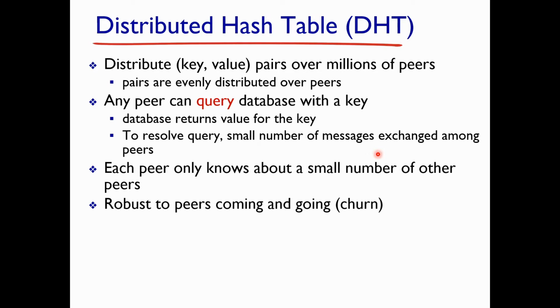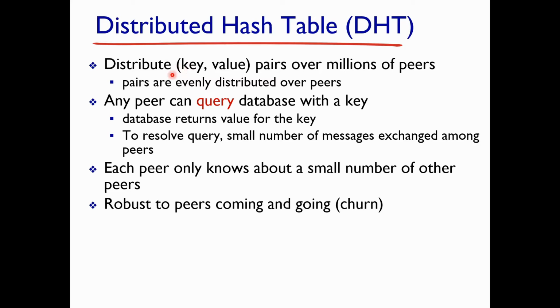A distributed hash table basically stores the key value pairs. These key value pairs are distributed over millions of peers. These pairs are evenly distributed over the peers. Any peer can query the database with the key. Then the database returns the value for the key.